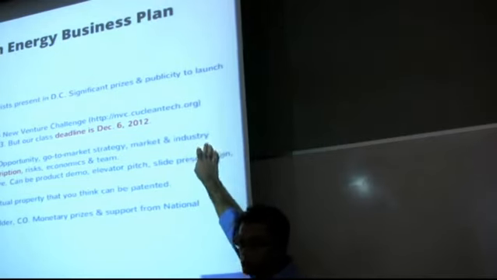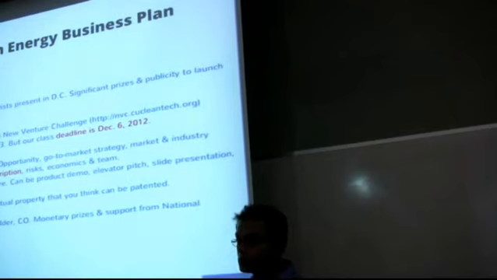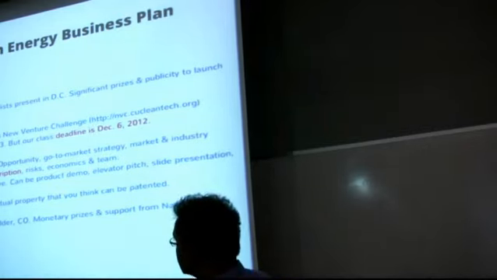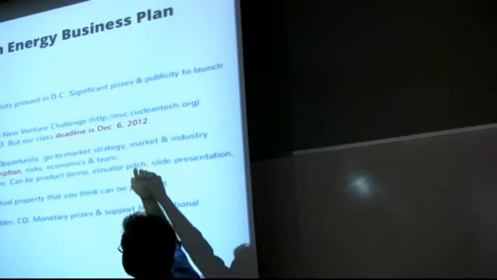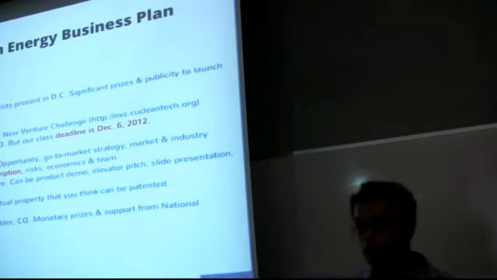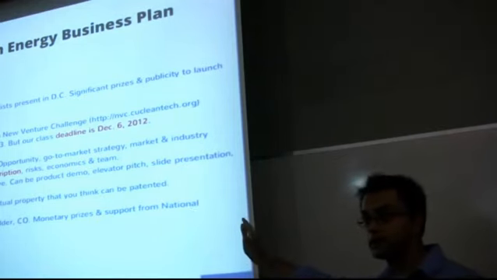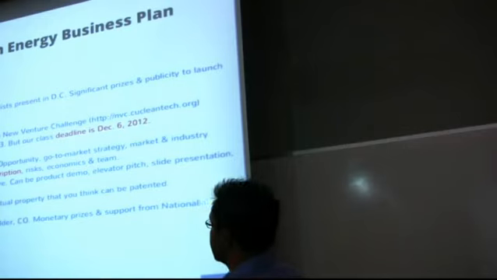Again, a lot of these resources are available at the university through libraries and through the business school and so on, and I will help you if you are stuck. Okay, because this is also a learning experience that you should be aware of. Technical product description, risks, economics, and team. Obviously, what I emphasize is the technical part, the technical product description, which is why I put that in red. But you clearly have to do all of it, okay, for a full, complete description.